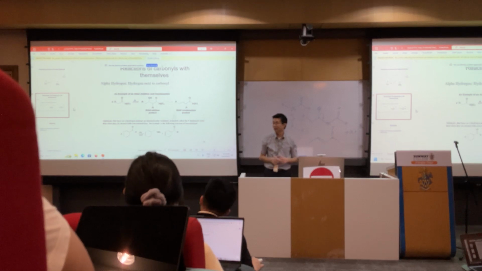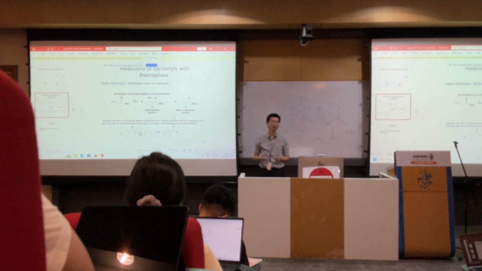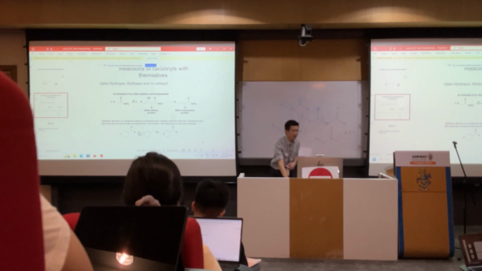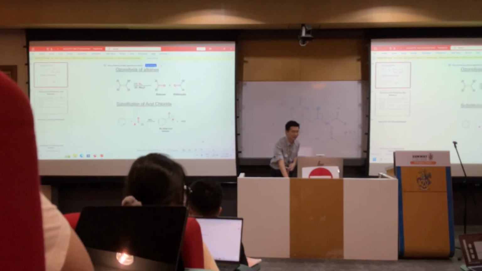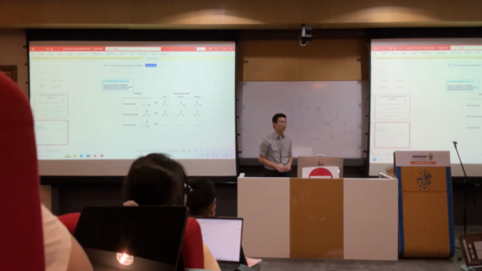Yes, sodium borohydride, NaBH4, and also lithium hydride. So those reducing agents will reduce ketone or aldehyde into alcohol. And then there are also other reactions that involve ketone.